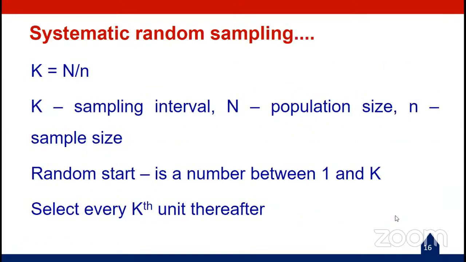As I already mentioned, in systematic sampling, we take the sampling interval as population size divided by sample size, and then we select a random start between 1 and k, and after that we select every kth individual systematically. This is referred to as systematic sampling.